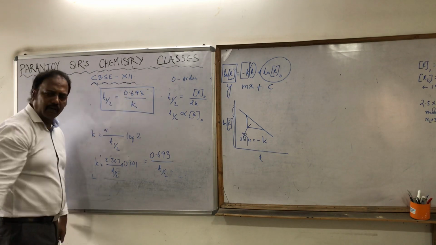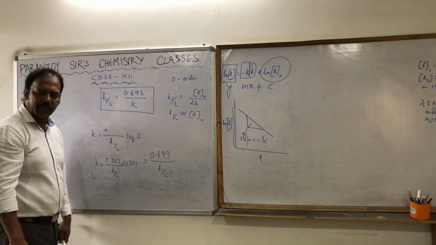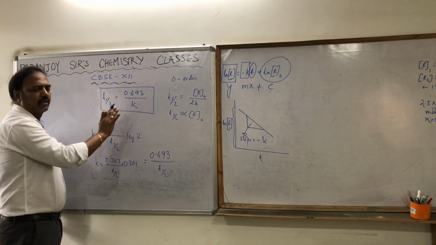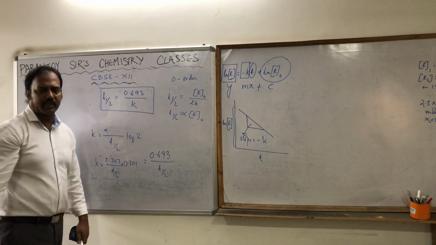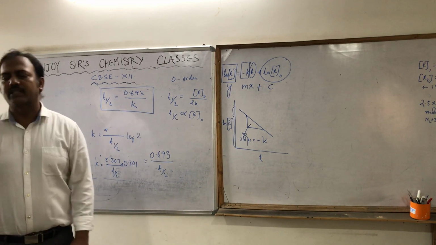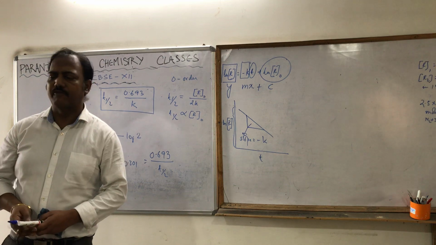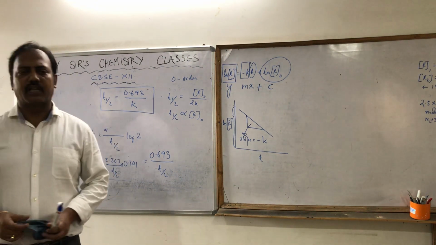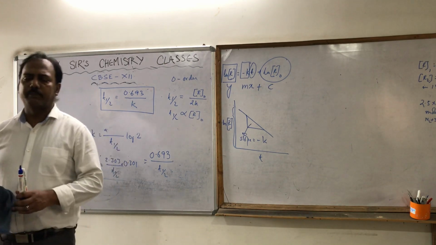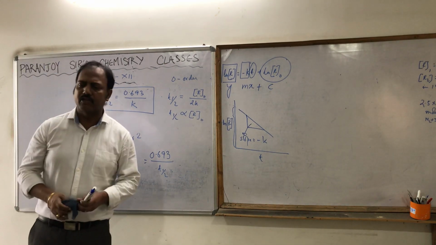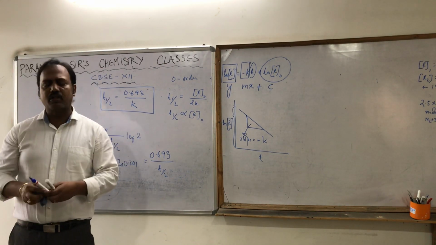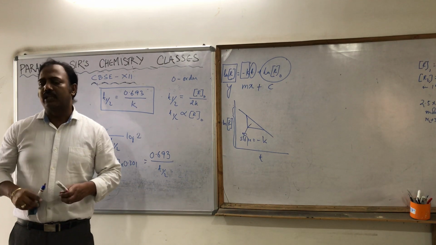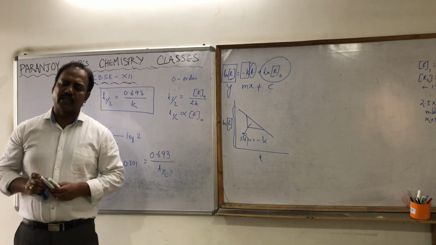Does it depend on the concentration of the reactant? Certainly not. That is a common question, and as a final line you can write that the half-life period of the first order reaction does not depend on the initial concentration of the reactant.